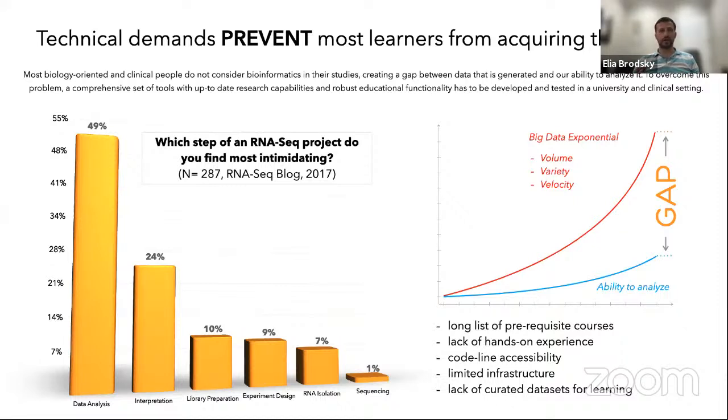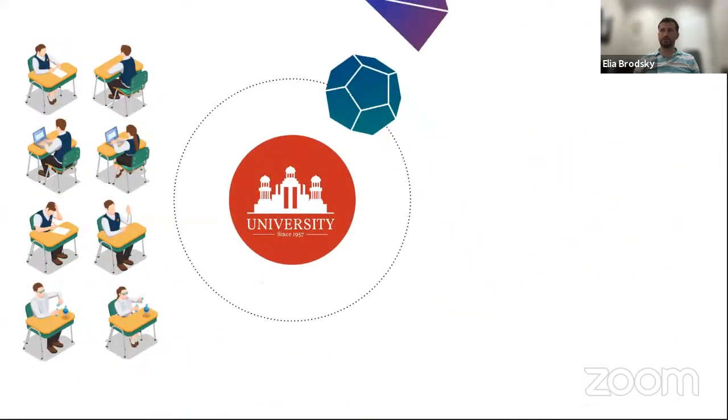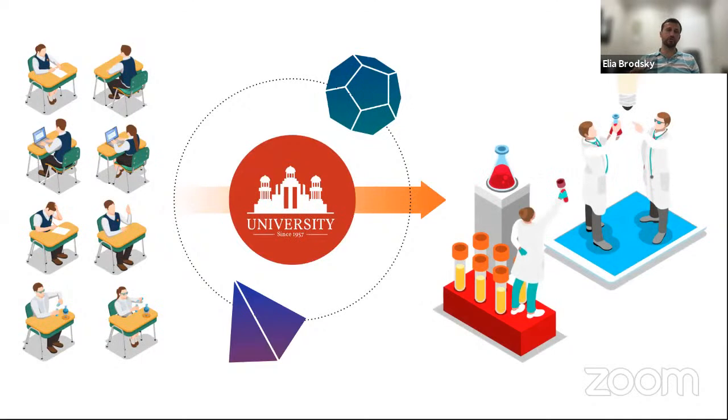So we understood that there has to be a solution designed early on, while there are students in high schools, colleges, and universities, to supplement their existing educational curriculum, introducing them to these challenges early and building a pipeline for them to develop research skills and practices in applying bioinformatics analysis tools to large-scale data sets, and developing research projects to showcase what they have learned. So not a skill-based and certificate-based course, but a research experience.